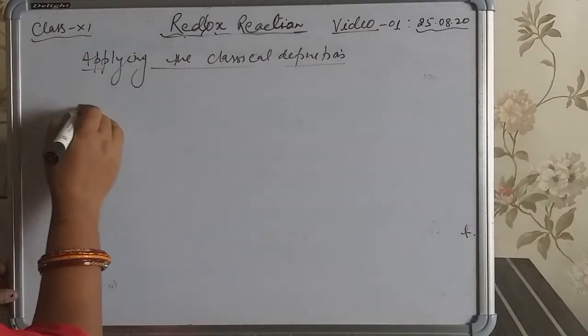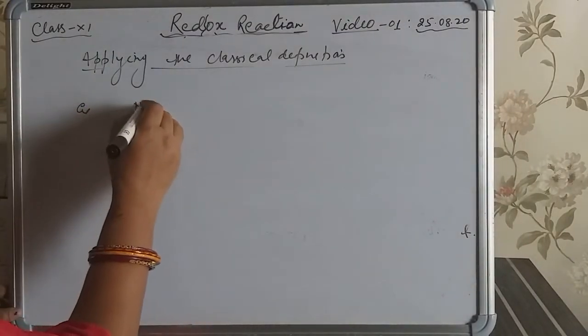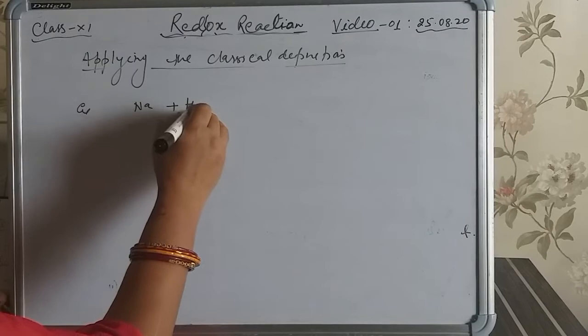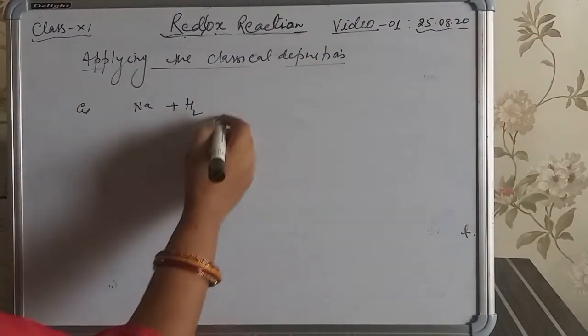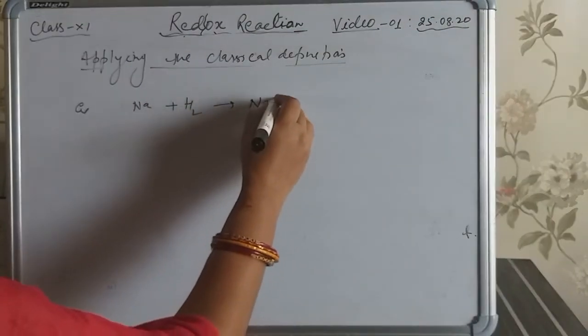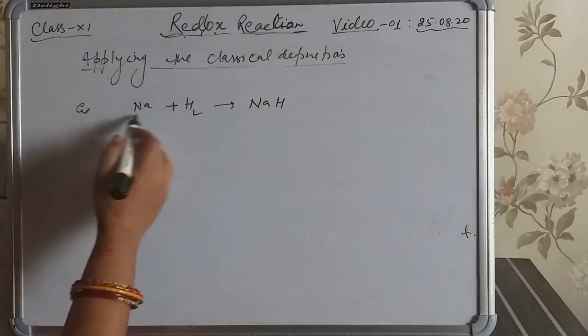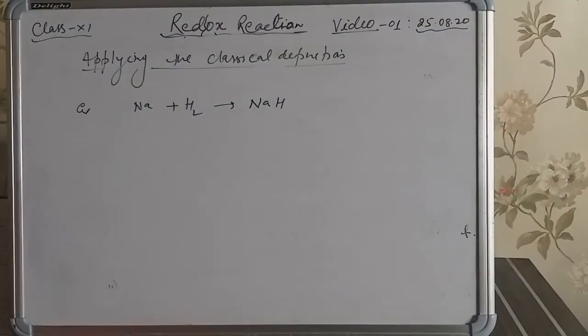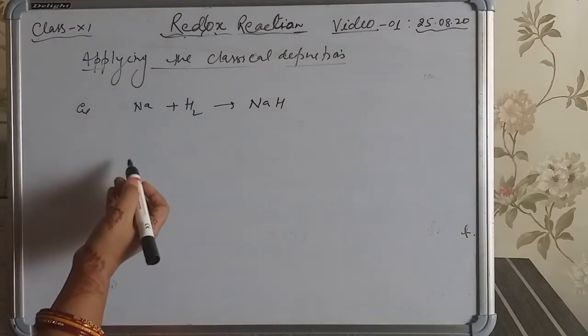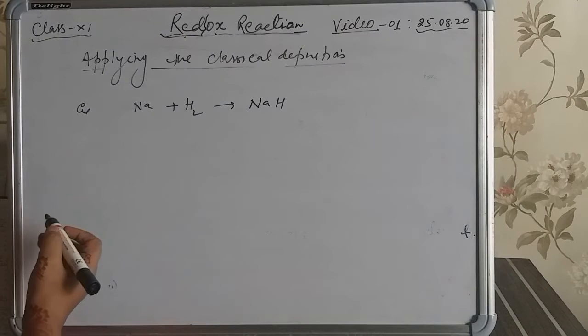Suppose we have sodium, and when sodium is treated with hydrogen, it will form sodium hydride. According to the definition, there is an addition of hydrogen. Addition of hydrogen means sodium is undergoing reduction. It is wrong.